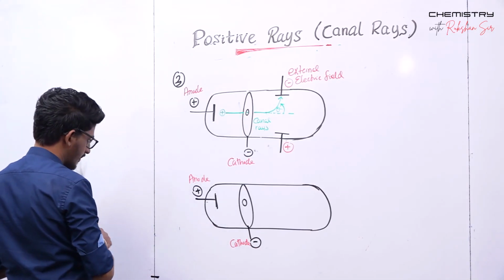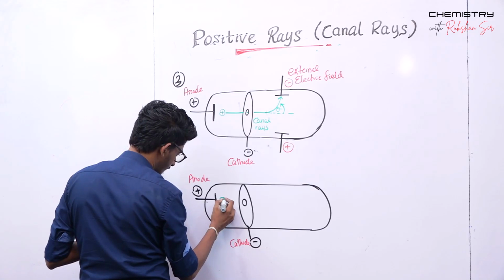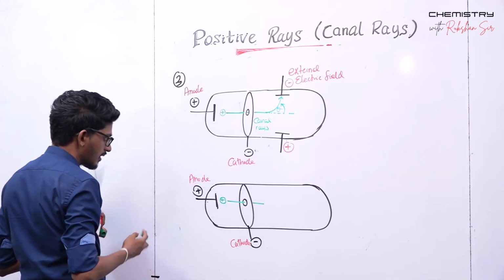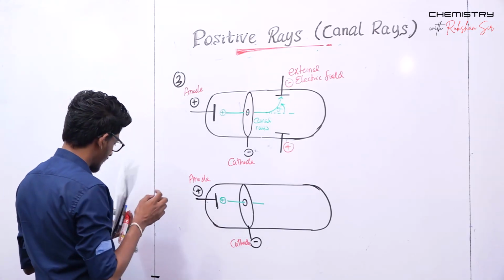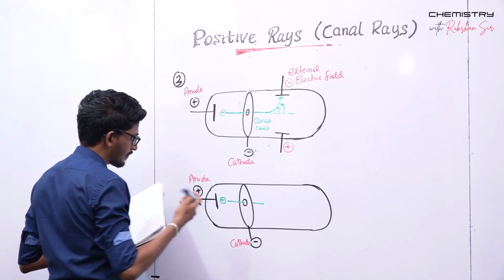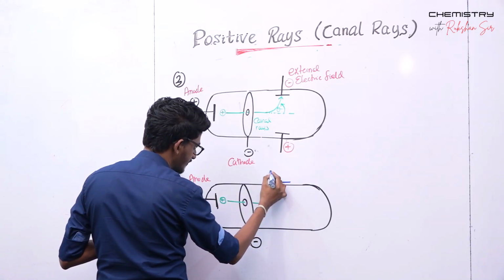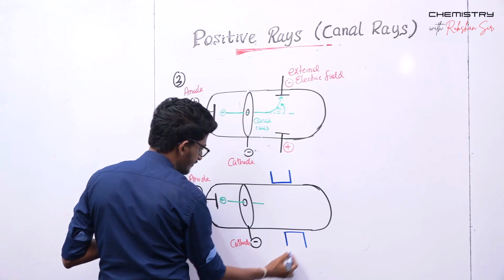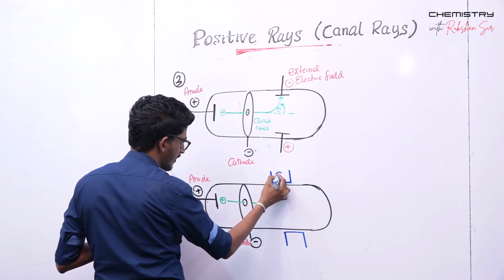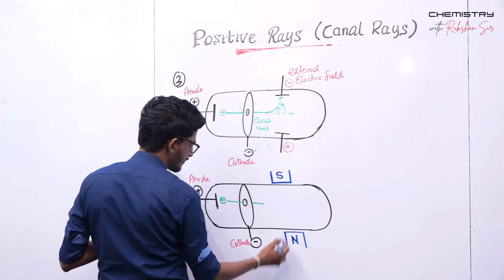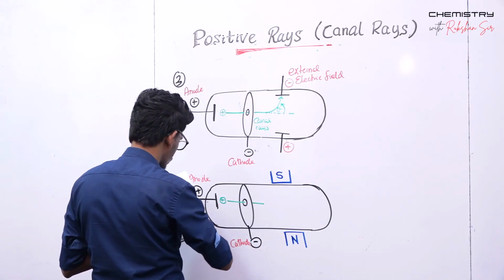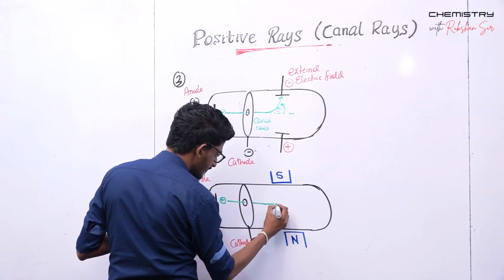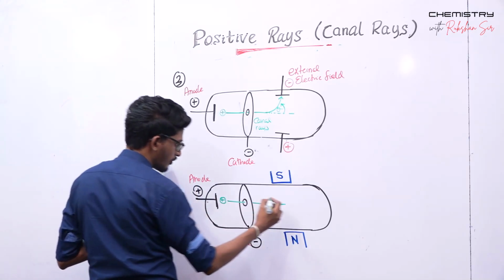The rays originating from the gas inside the tube will travel like this. Then you can place some external magnetic field here. Let's say this is south, this is north. So these rays will deviate.